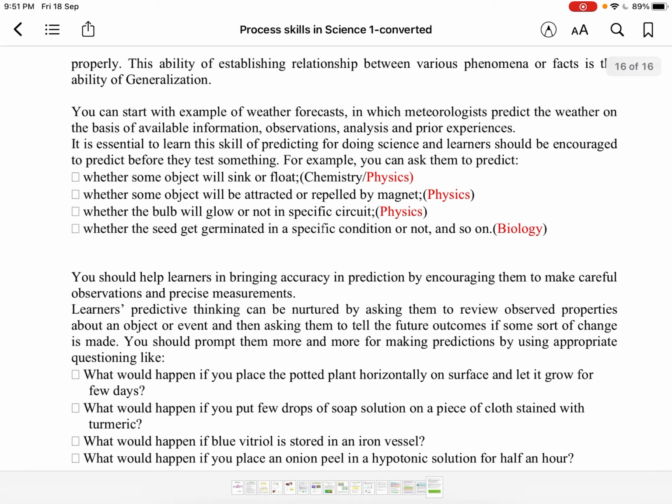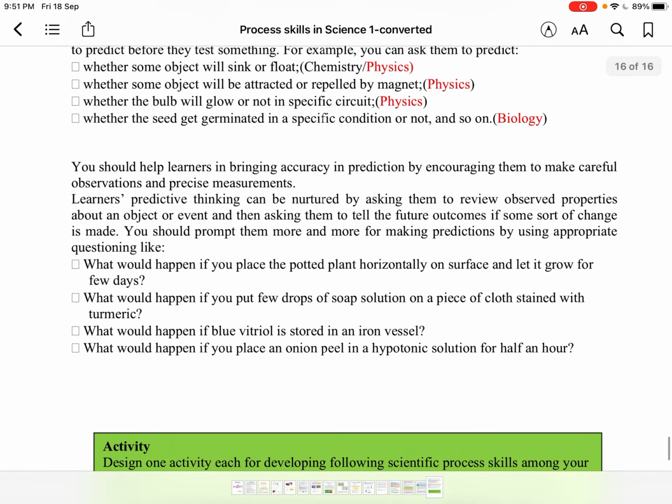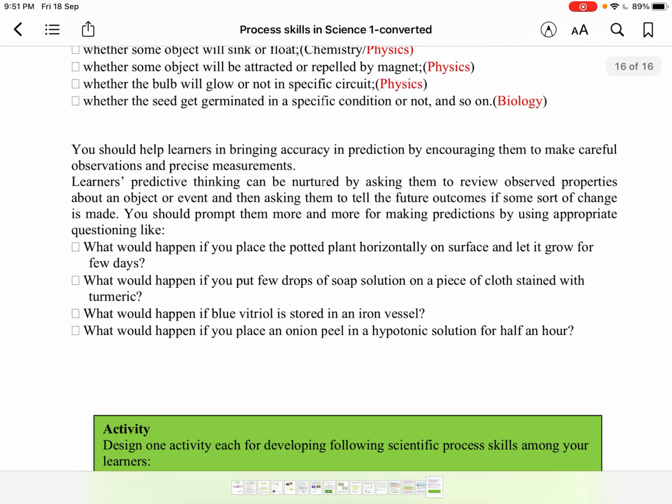You can create this type of situation in the classroom, and it will enhance the prediction skill among the learners. Some more activities can be organized to develop the predictive thinking skill of the learners.